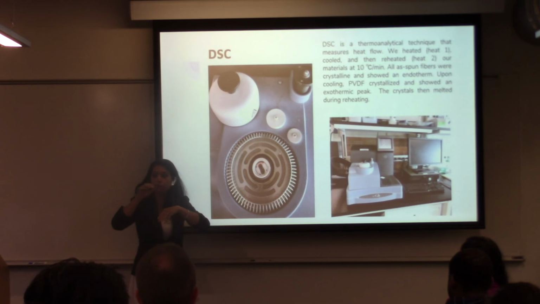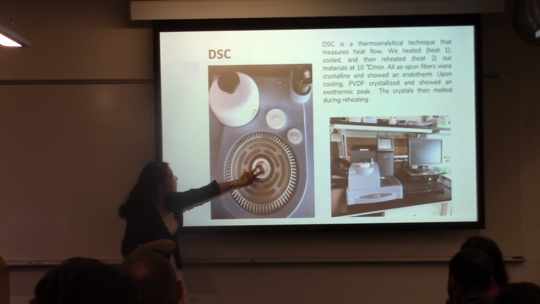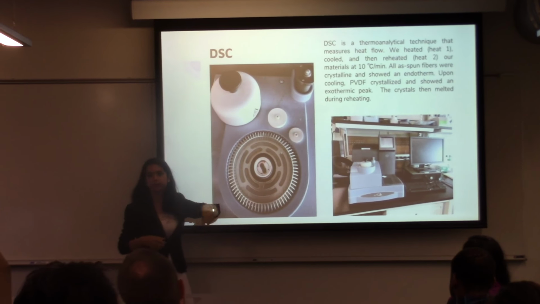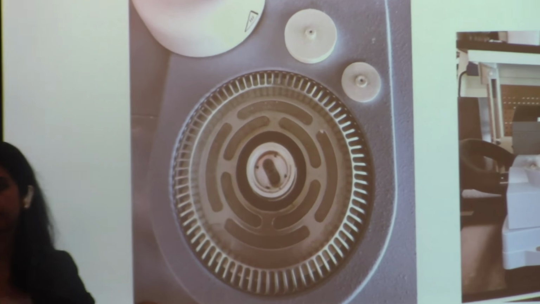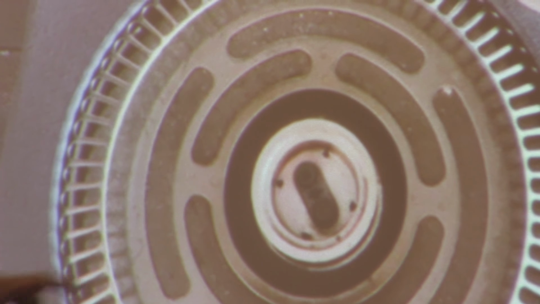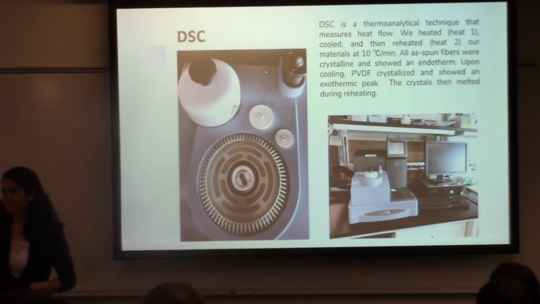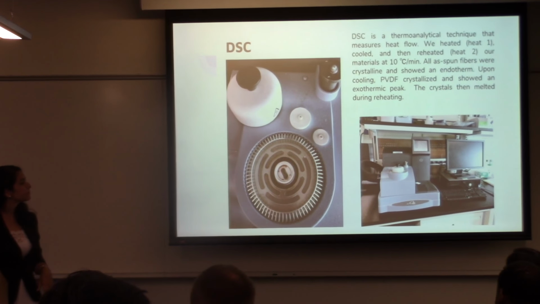And you can see it's very small here. We have it toward the top of the screen right here where my fingers are. One is for the reference and one is for our sample. And there are 3 lids sitting here. And we stack those to run the test.